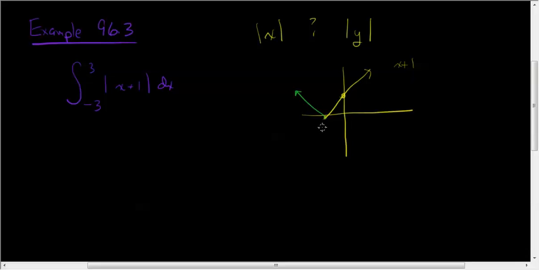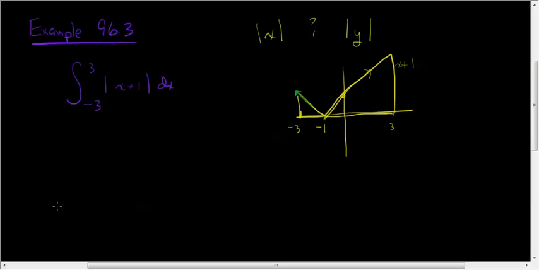So this would be the point negative 1, right here. Well, we're asked to take the integral from negative 3 to 3. Negative 3 to probably over here, 1, 2, 3 to 3. So what is that? That's just two triangles. So I'm looking for this total area.